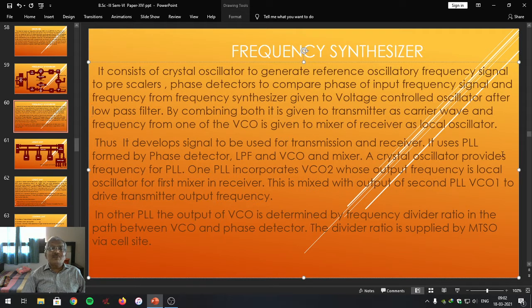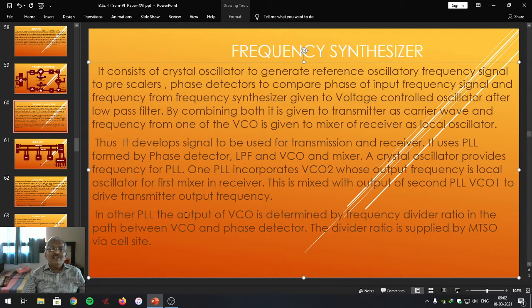A crystal oscillator provides the frequency for PLL. One PLL incorporates VCO2 whose output frequency is a local oscillator for the first mixer in the receiver. This frequency is mixed with output of second PLL, that is a VCO1, to drive the transmitter output frequency.